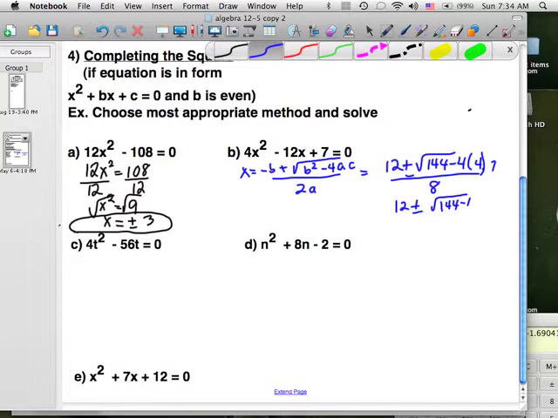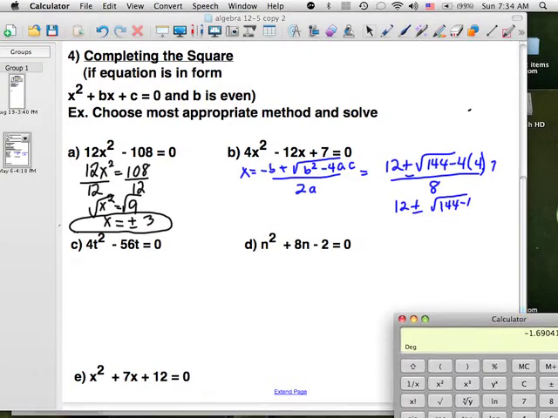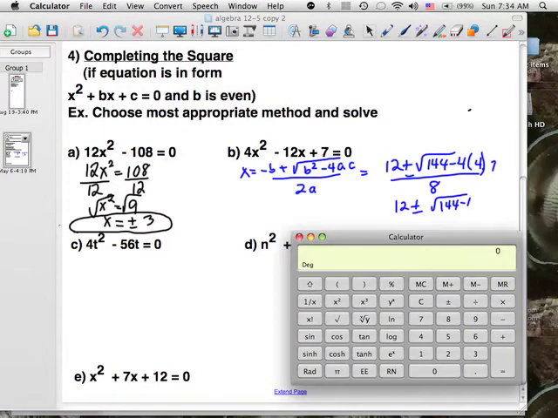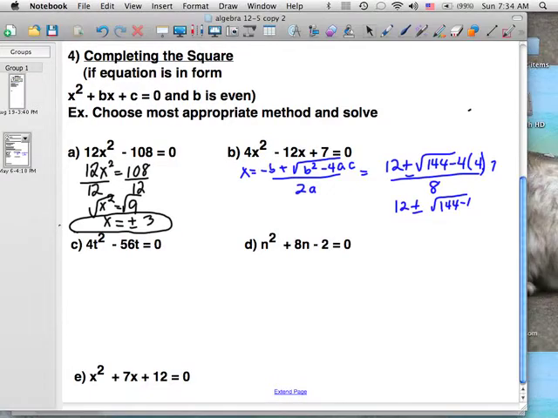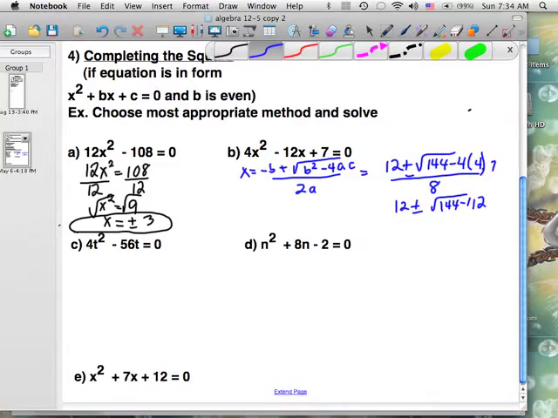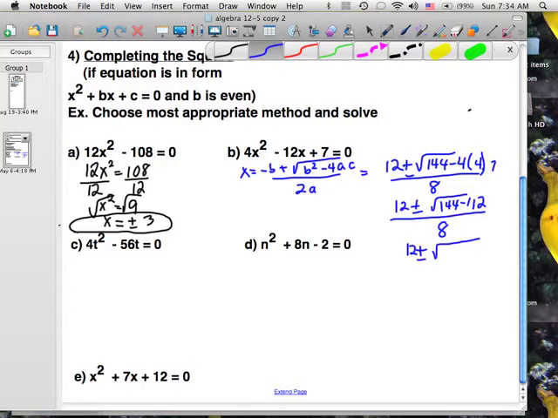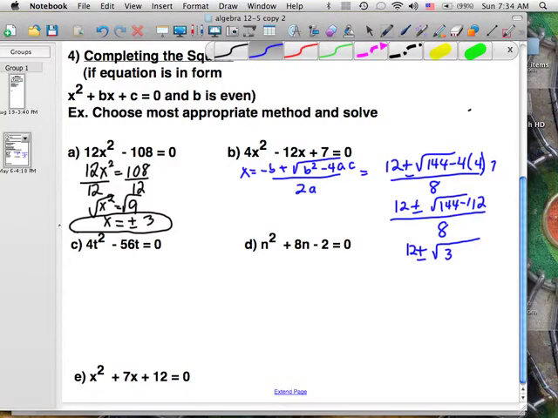Excuse me, that's 16 times 7. Where's my calculator at? That's 112. 144 minus 112 is 32, so 12 plus or minus the square root of 32 over 8.